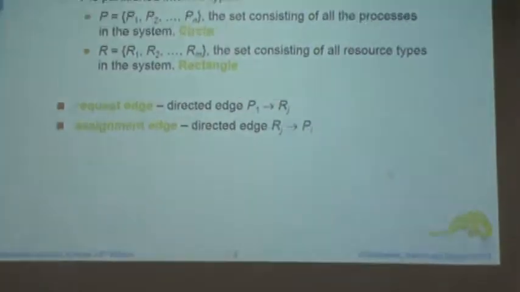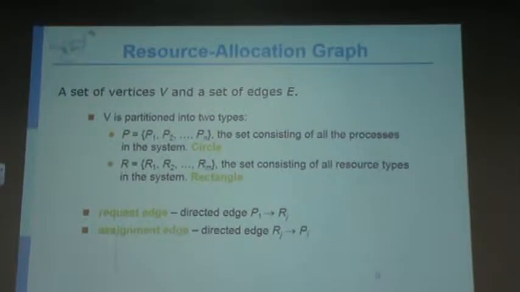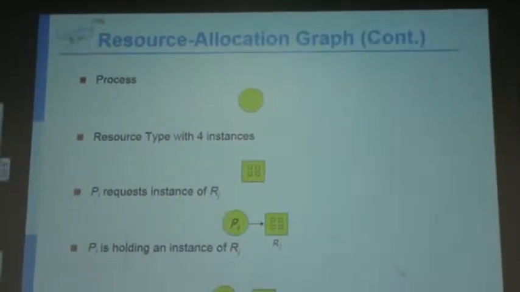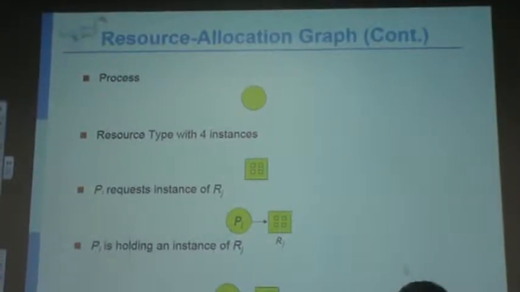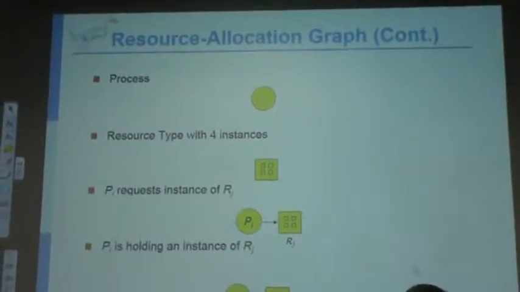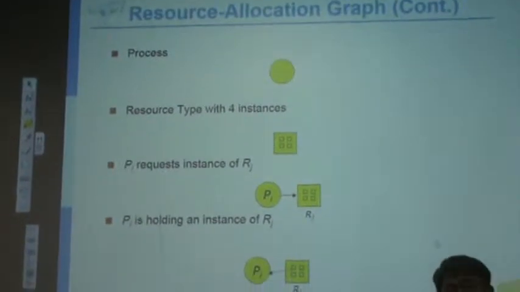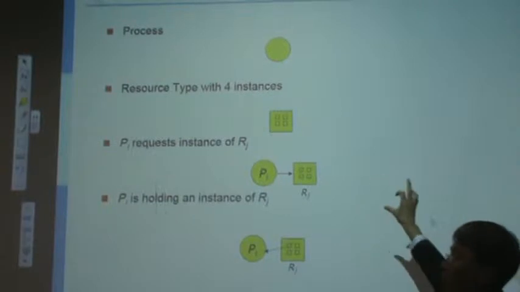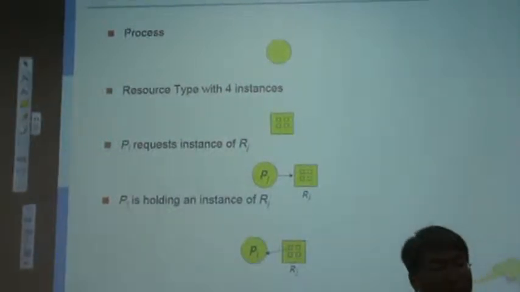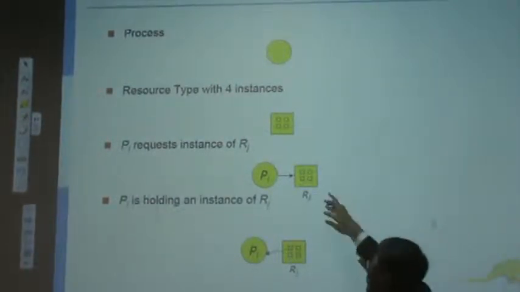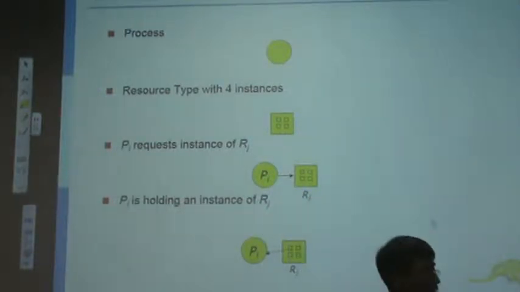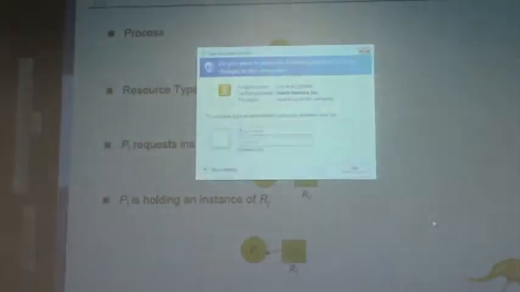So we have used the resource allocation graph. In the resource allocation graph, we use nodes for the process and resource. A process can be represented by a circle, and a resource can be represented by a rectangle. Inside the rectangle, there are a number of small rectangles that indicate the number of instances. Then there are 2 types of edges.